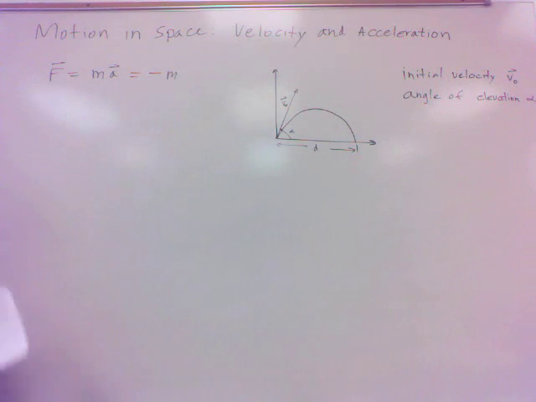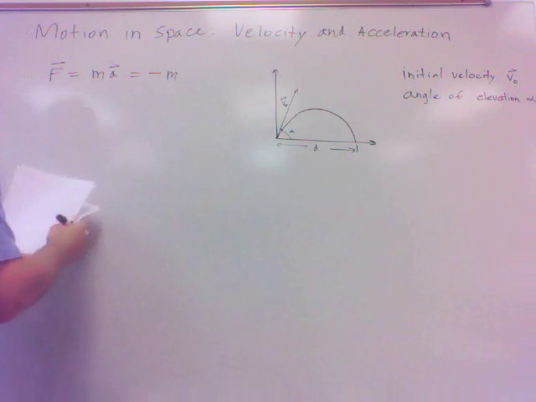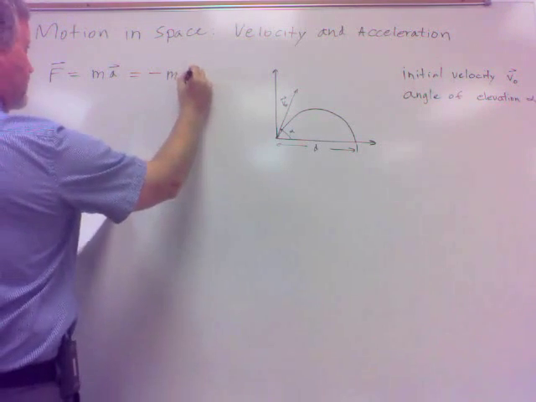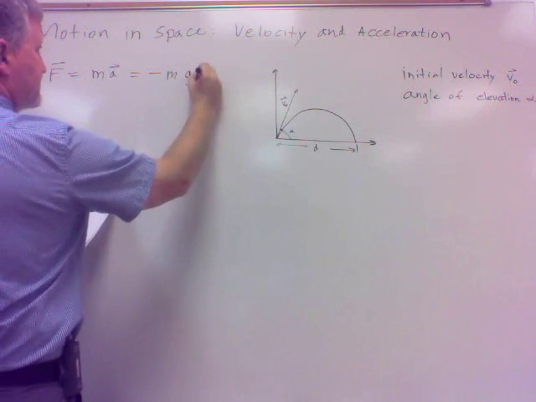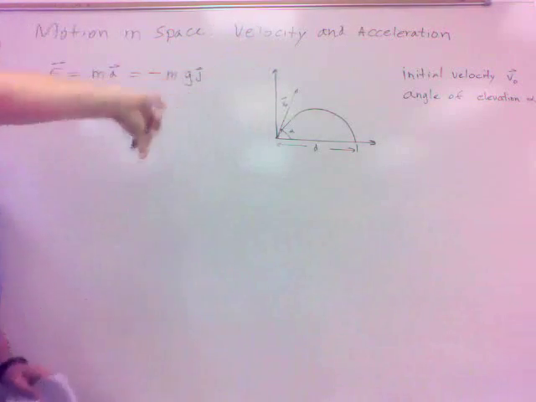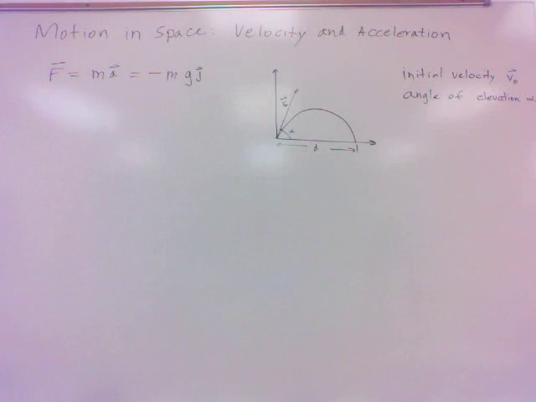And the only thing really acting on this is gravity. So as far as the vector is concerned, that's just a j vector, which would be the gravity constant times the j vector, because all of it is directed downward. That's our gravity constant.